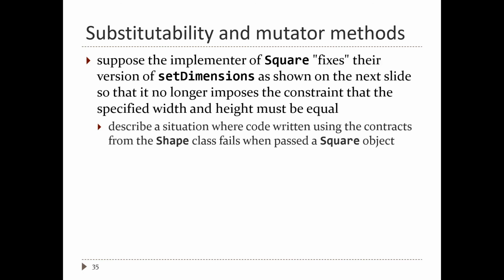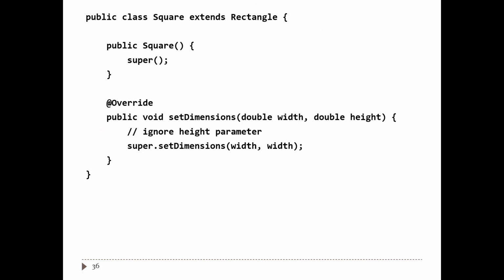Another example of the set dimensions method in square would be if the implementer tries to fix their method so that it no longer imposes the constraint that the specified width and height must be equal, in the following way. In this example of set dimensions, the square class changes the width and the height of the shape using only the width parameter.